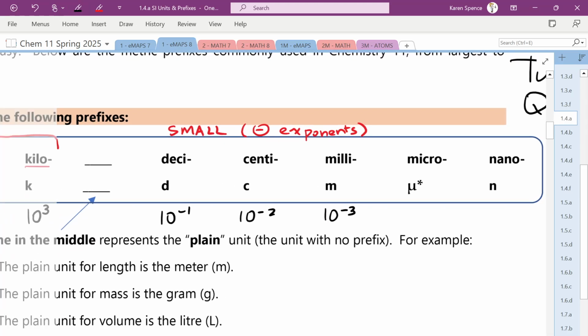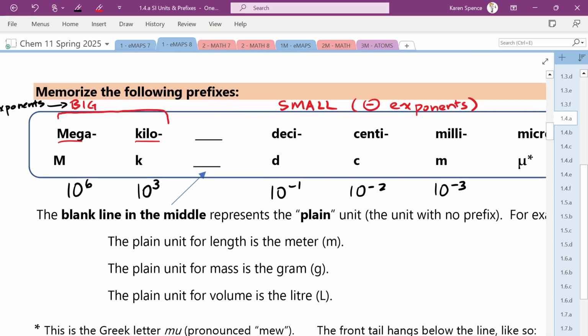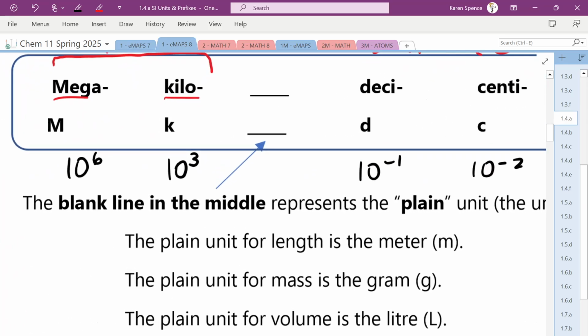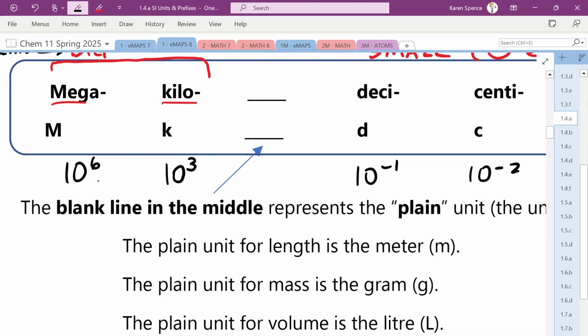Just before we get over to those ones, I'd like you to notice that the difference between these two is 10 to the 3, which is 1,000. So a megaliter is 1,000 times bigger than a kiloliter.